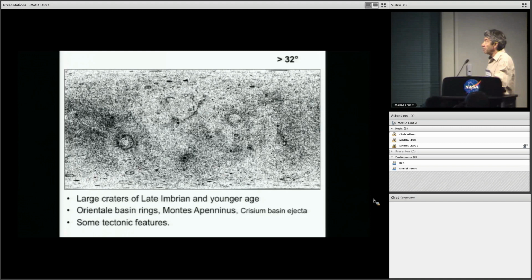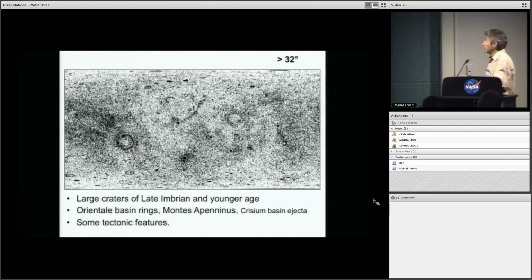It is interesting that we see almost no slopes steeper than 32 degrees and absolutely no slopes steeper than 35 degrees for any crater older than late to early Imbrian boundary.